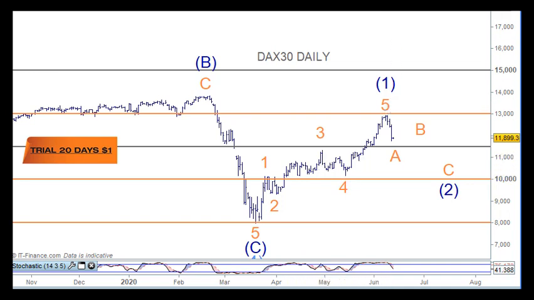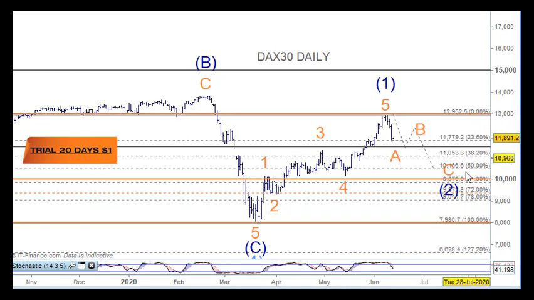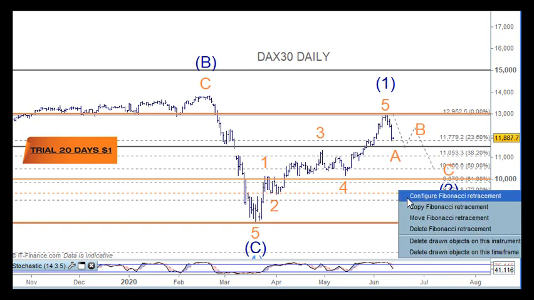So we're looking here for 5 waves down in the A wave, which will probably bring us down to the medium level here, 11,500, and then 3 waves for the B wave here, and then another 5 waves down here, and obviously we've got good support deep into this move here. The 61.8% will be at the 10,000 area there. Just tune that in here roughly. So 61.8% brings us into that space there.